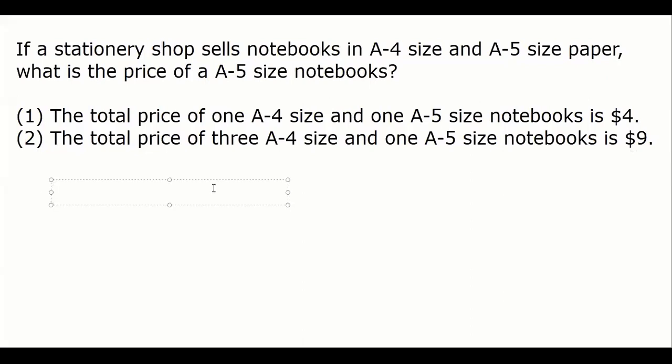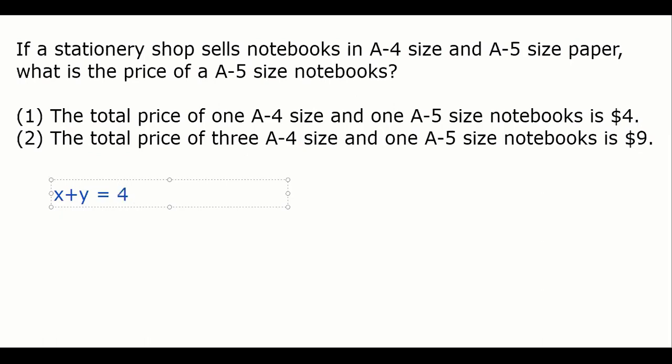Divya? In one, the total price of one A4 alone. Say A4 is X. Okay, one is also both. And suppose A5 is Y. So X plus Y is 4.